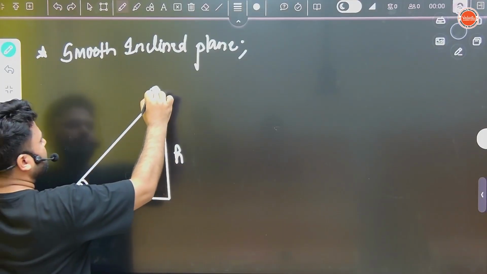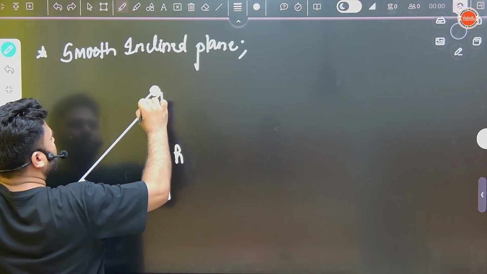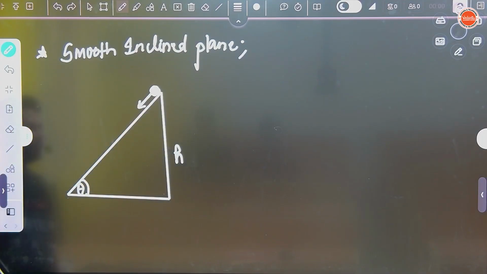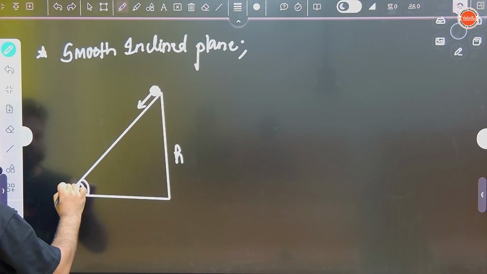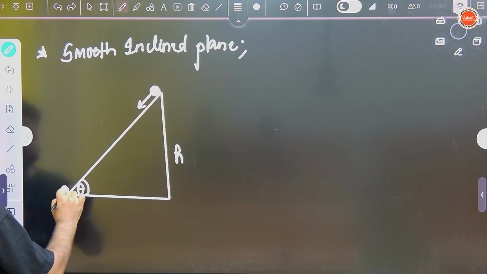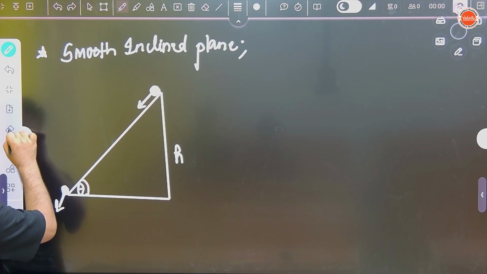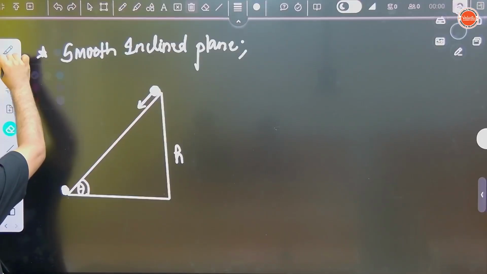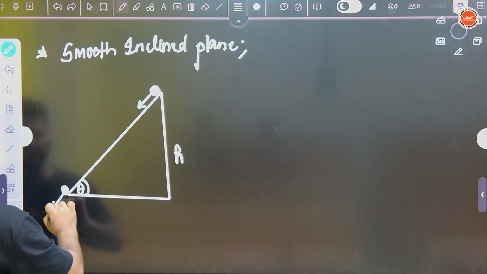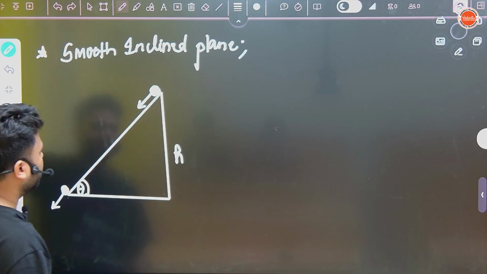If I release this object, with what velocity will it come down? Velocity at the bottom. So always remember the velocity at the bottom formula. Again, I am not deriving, I am just telling the formula.